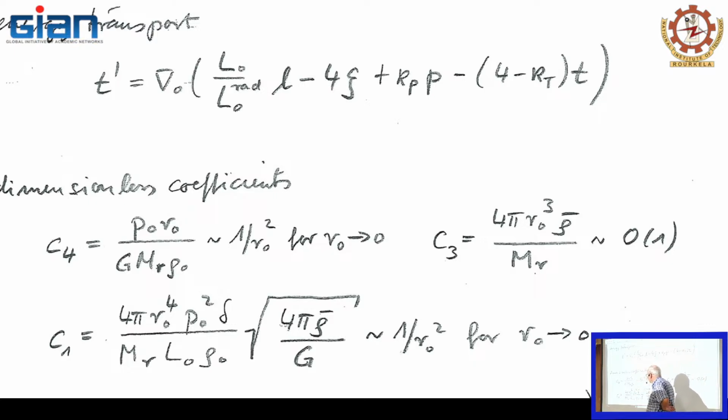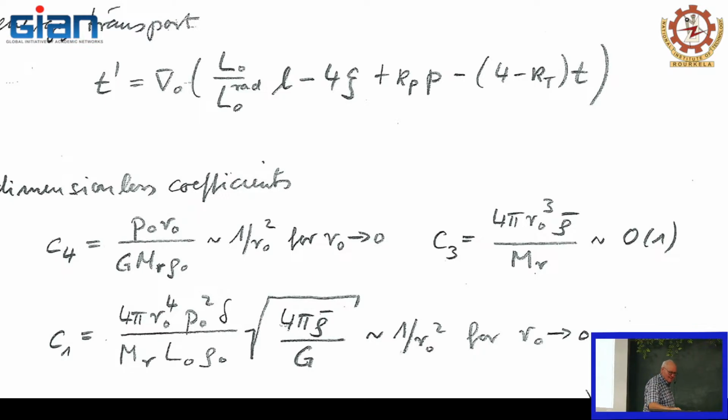How does it go with radius? Once we approach the center of the star, P naught and rho naught approach a finite value. With which power does the mass go close to the center? M(r) is the integral of 4 pi rho r squared dr. The density goes to a constant value at the center, it's finite, so M(r) is the integral over r squared.